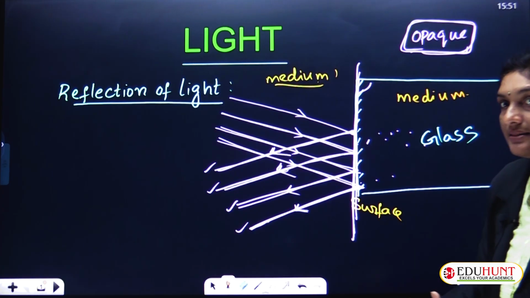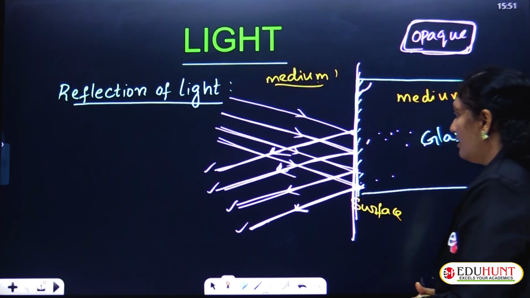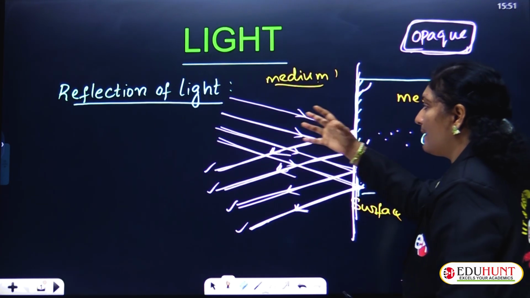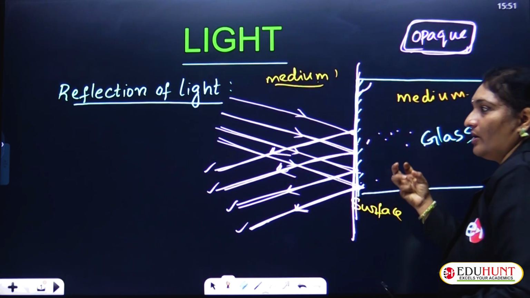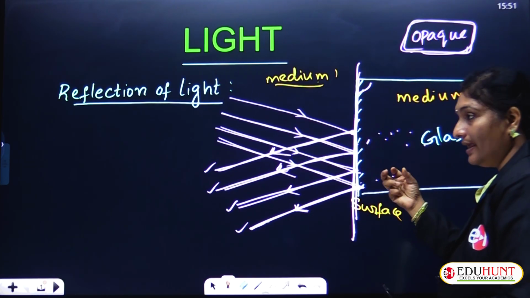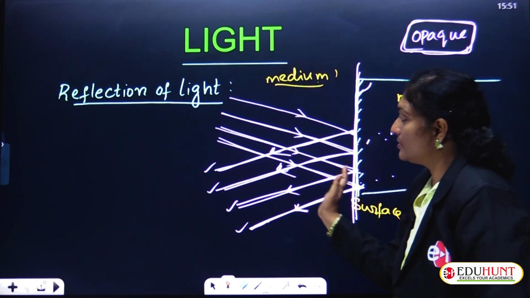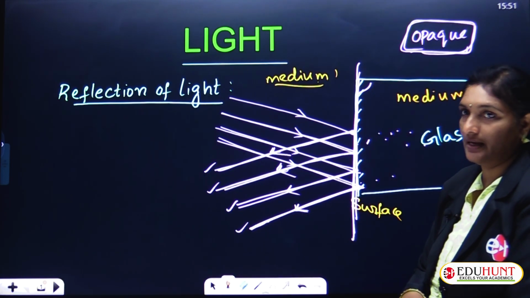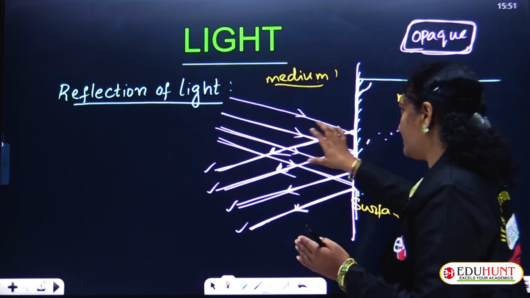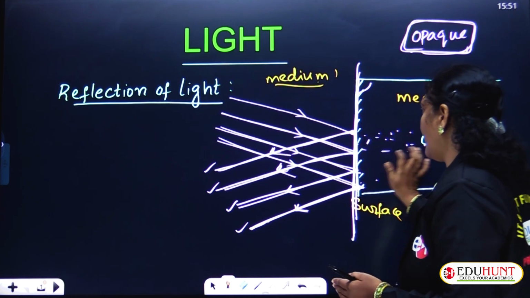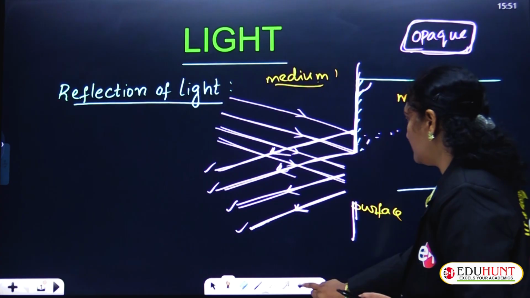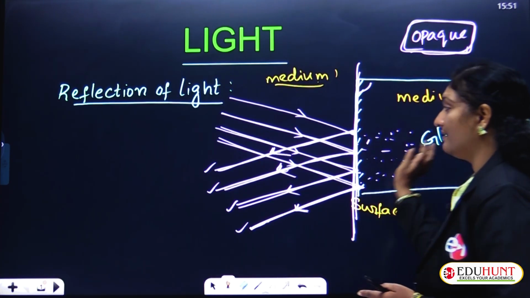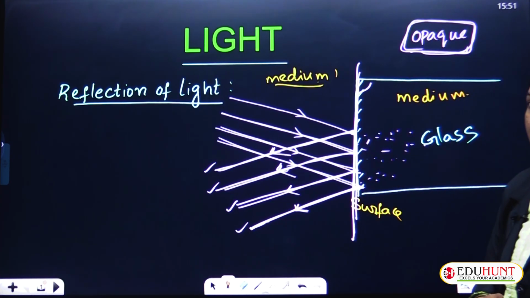But there are some other surfaces which absorb a portion of light falling on them and send back to the same medium the remaining portion of the light. That means this light ray, some portion is being absorbed and the remaining portion is being reflected back.